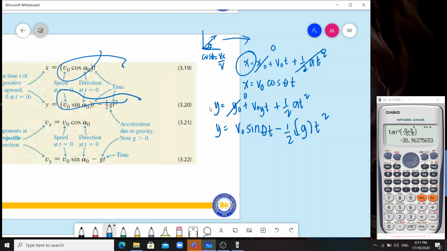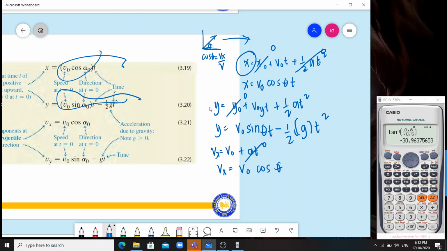Next, sa velocity naman, di ba meron tayong formula sa kinematics na v is equals to v0 plus at. Tama? And, sinabi natin kanina na ang horizontal, ito yung Vx, ay walang acceleration, so 0. So, ang Vx mo ay equivalent lang ulit sa V0 cosine theta. Okay? So, constant siya.